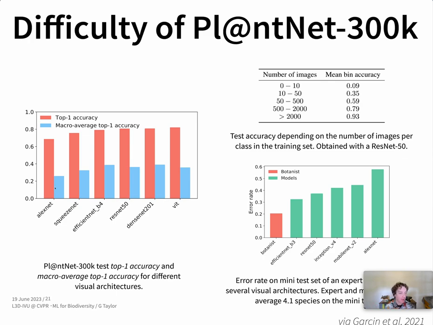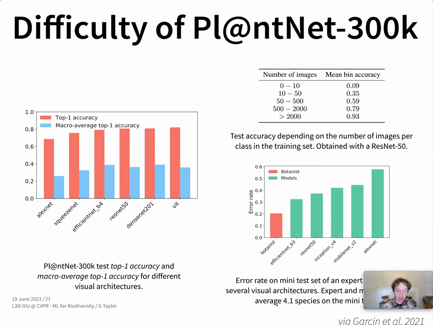Then you'll see a massive drop in performance. And you can see this up at the top right here as well. For the classes that have greater than 2,000 images in the training data set, the mean accuracy in that bin is upwards of 90%. But when you look at the species of plants that are underrepresented in the data set, you have a much lower accuracy rate.